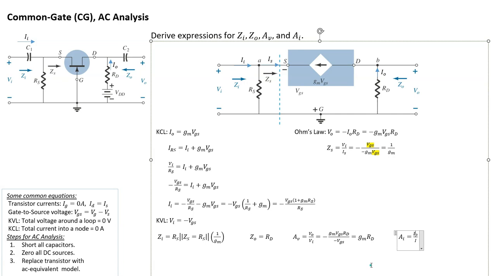Again, we have expressions for those. IO is just GM VGS divided by II. II is a slightly longer expression.